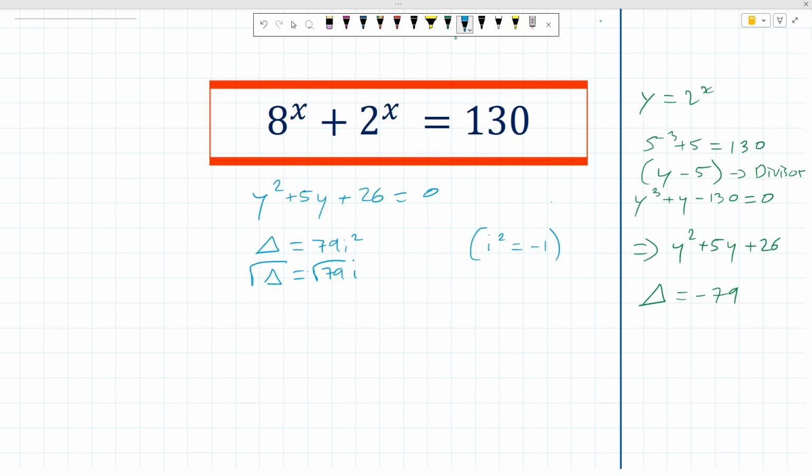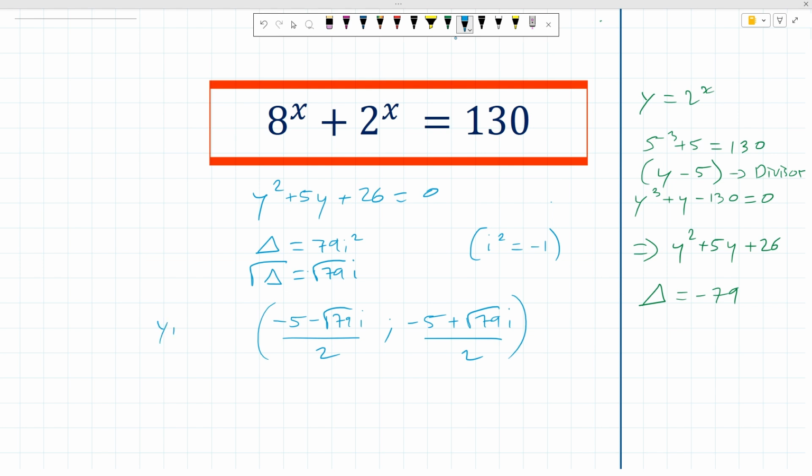So we can say that the first solution is going to be minus b, so minus 5, minus the square root of 79 times i over 2. And the second solution is going to be minus 5 plus the square root of 79 times i over 2. This is just using the quadratic formula with the delta value being the square root of 79i.